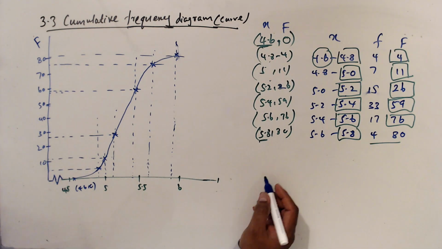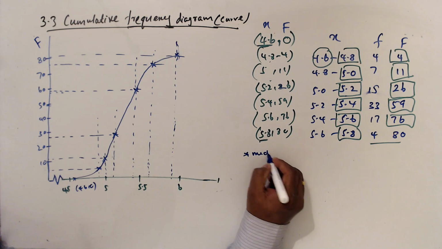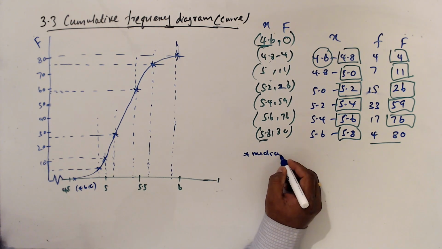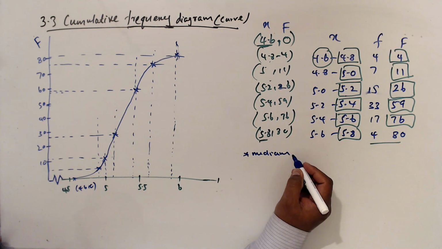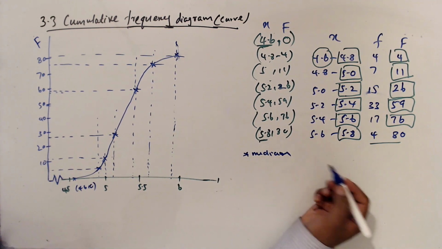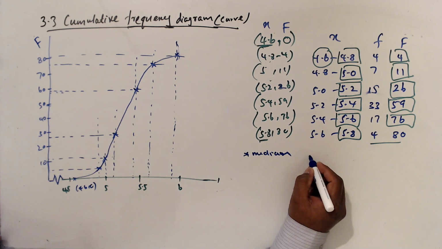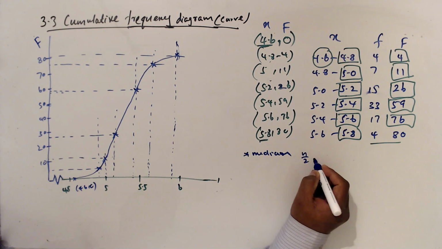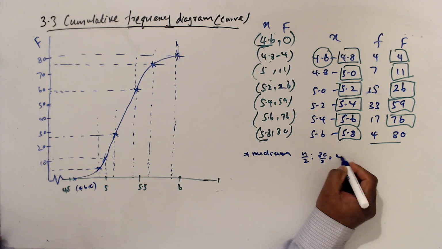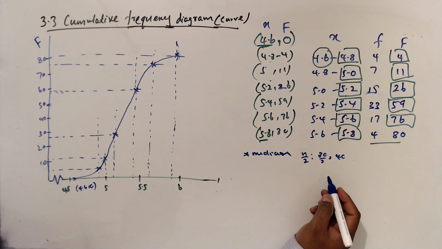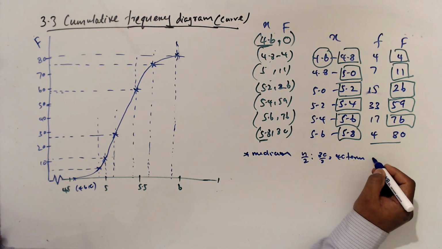Now let's see how we calculate the median. n is 80, so we find the term n divided by 2. 80 divided by 2 is the 40th term. The 40th term is the median.